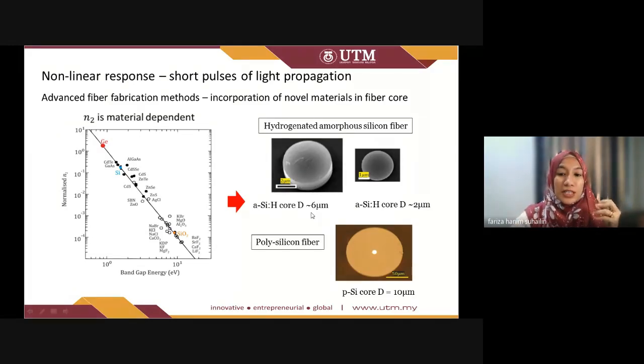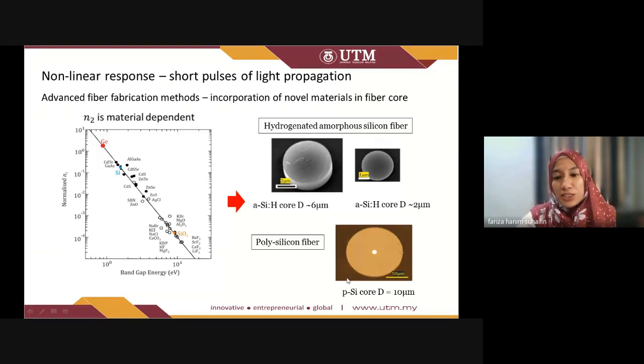For example, these two are hydrogenated amorphous silicon fibers fabricated from the high pressure CVD technique, where from this technique we can have small cores, around 6, and also 2 micron in diameter. So this is the cross section of the core, very nicely filled to the round shape of the core.